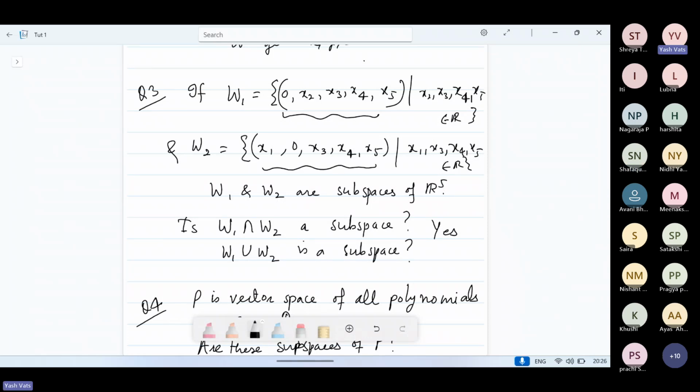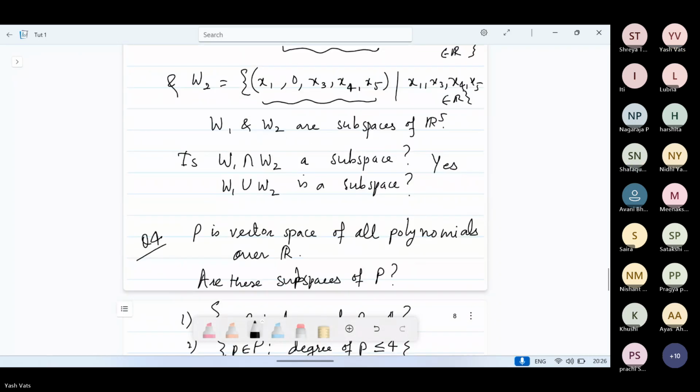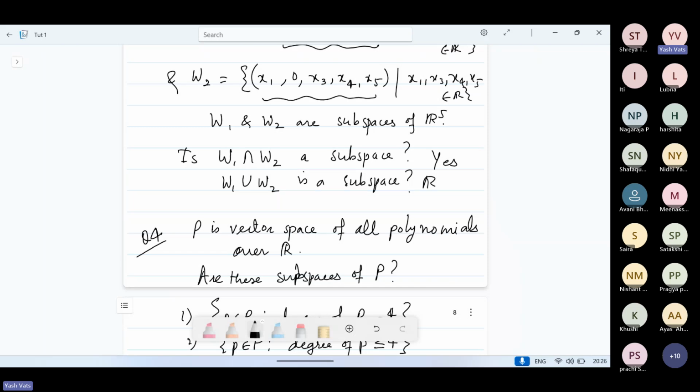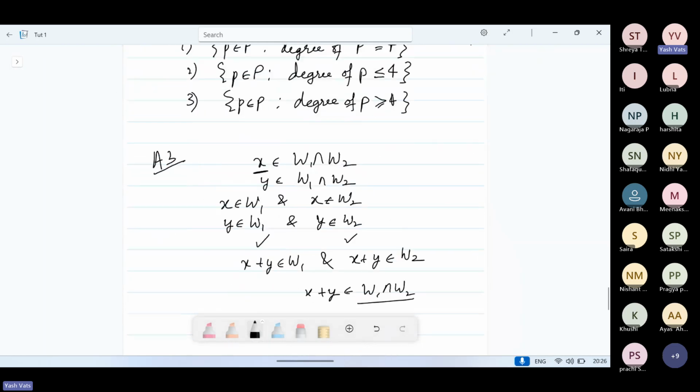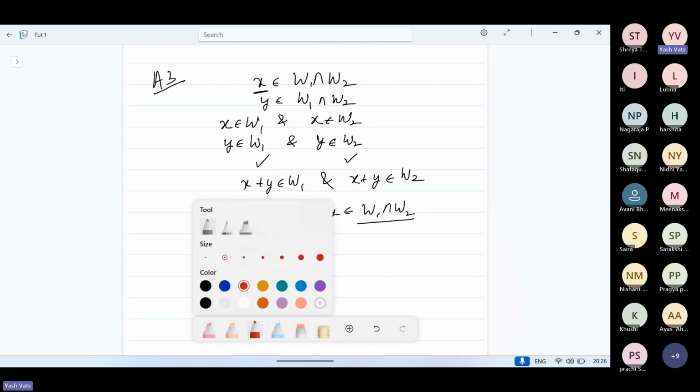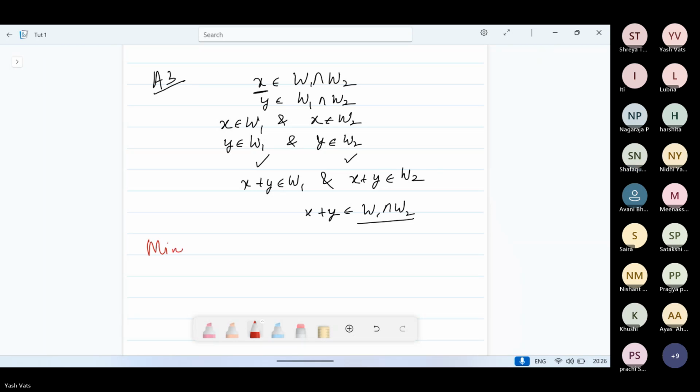So W1 union W2 is all of R5, I think. So it's just R5 over R, and that is a subspace. But you can see that W1 union W2 may not always be a subspace. So mind that. Sorry, I should say W1 union W2 may not be a subspace.